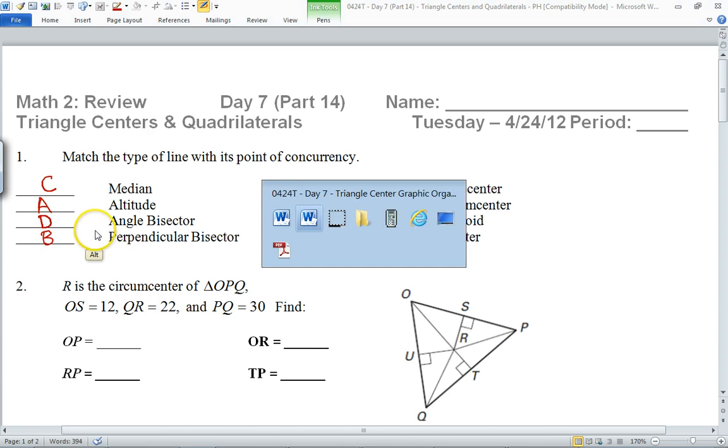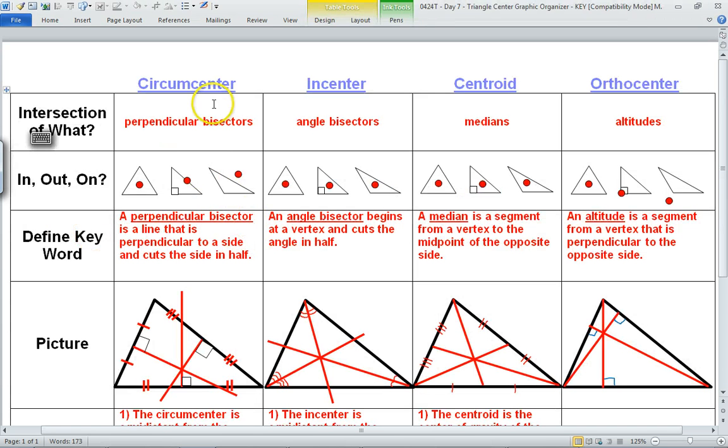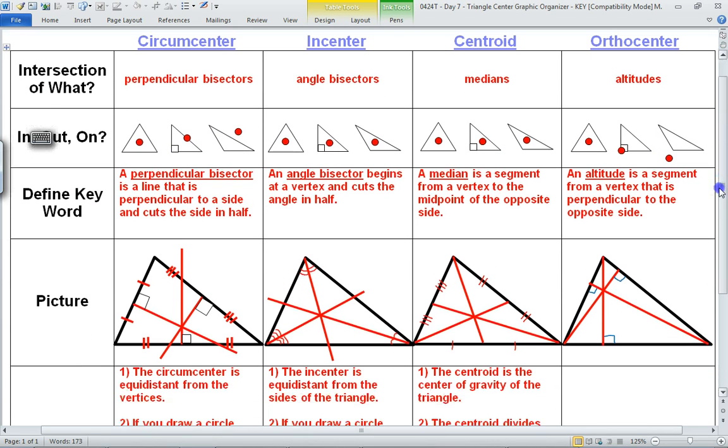So just right off the top, once again, you need to make sure you know everything on this sheet of notes, starting with the connections between the words and the intersection of what. But you also need to know what a perpendicular bisector is, what an angle bisector looks like. You need to be able to recognize it by the picture.